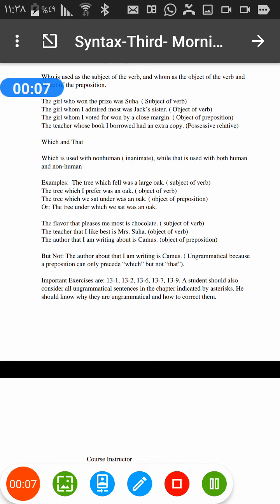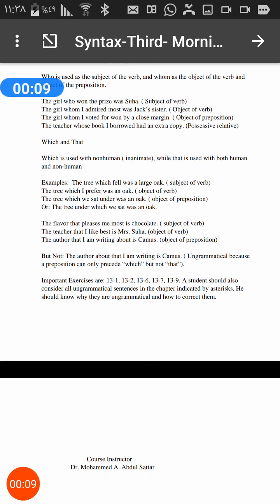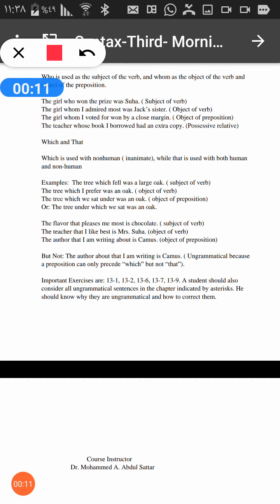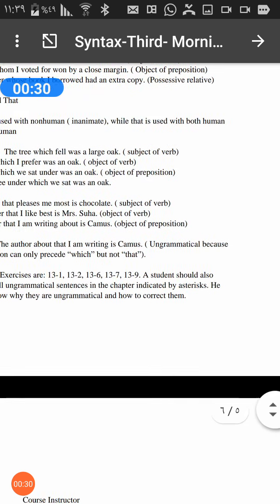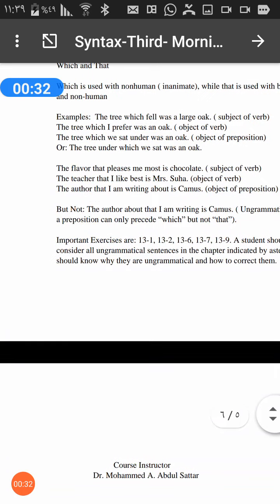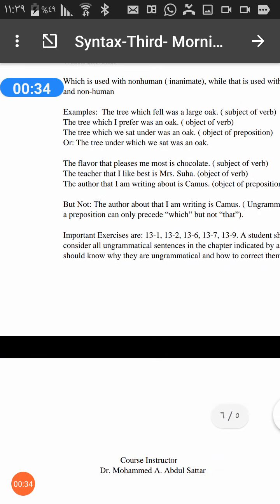Here we have the last note about how to differentiate between that and which. The author about that I am writing is Camus is ungrammatical, because a preposition can only precede which, but not that.